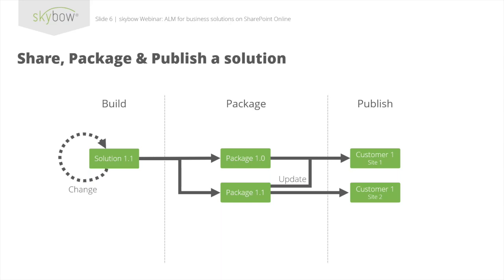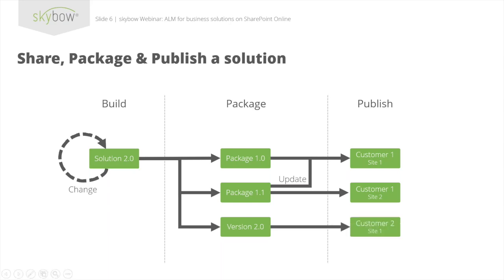That's what comes next. We're going to change something again. Our next sprint is done. We create a next solution version 2.0, and from this we create again a new package. It was a major version, and this one shows that we can publish this solution on another customer as well.